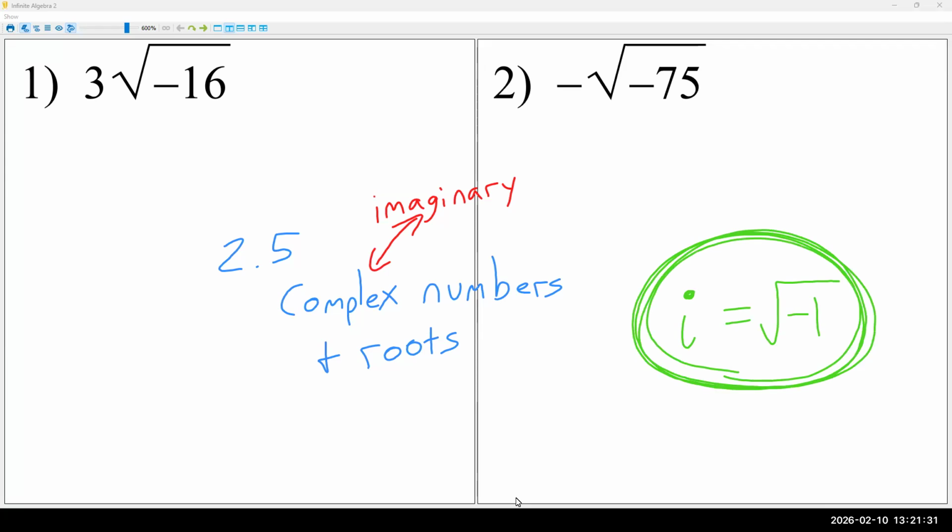That's going to be super important, right? i is called the imaginary unit, okay? So i, the imaginary unit, is the square root of -1. Now we've previously talked about how it's imaginary because I cannot find the square root of a negative number.